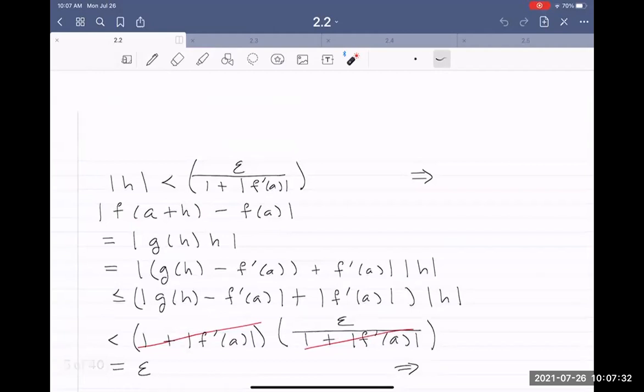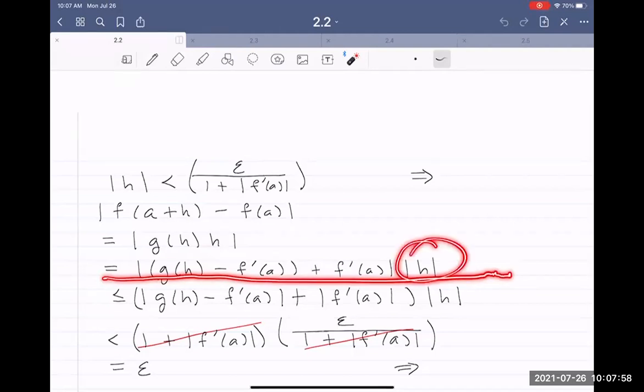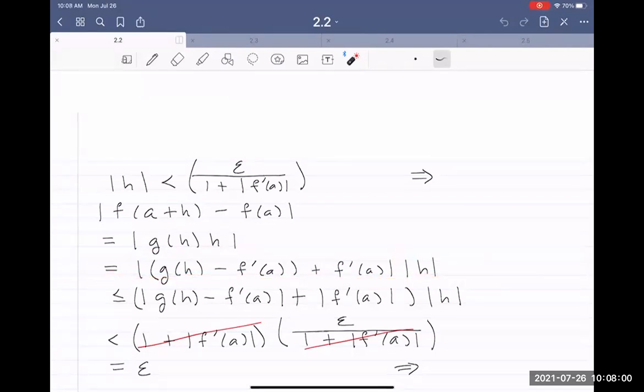Now, by the properties of absolute value, this is the same as the absolute value of g of h times the absolute value of h. I can add and subtract f prime at a, that's not doing anything. So this is equal to the absolute value of g of h minus f prime at a plus f prime at a, times the absolute value of h.